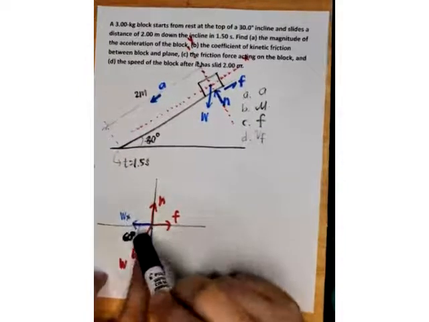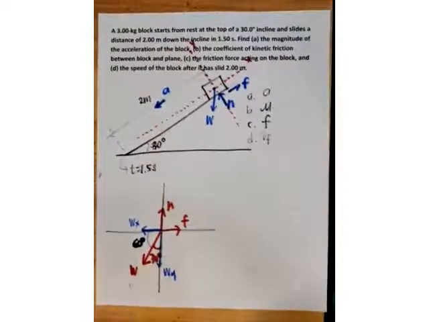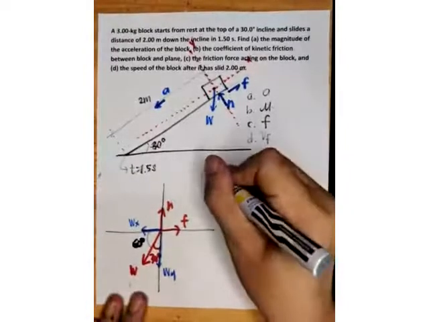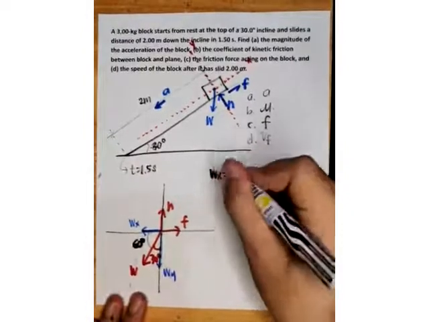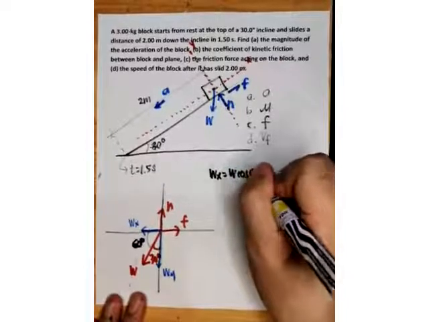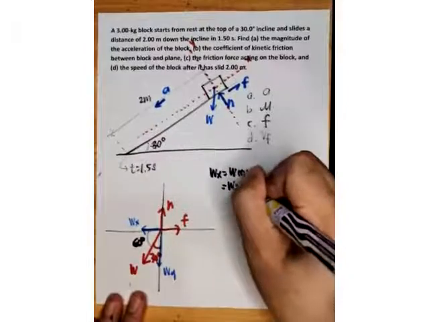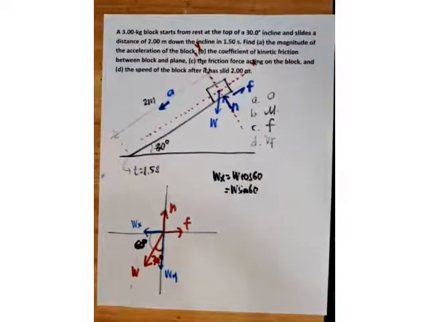Adjacent siya, nakadikit siya sa kanya, 60. Kaya cosine yung x. Yung ginagawa nila na ang WX ay equal siya sa either W cosine 60 or W sine 60. So it's up to you on which one you'll be wanting to use.